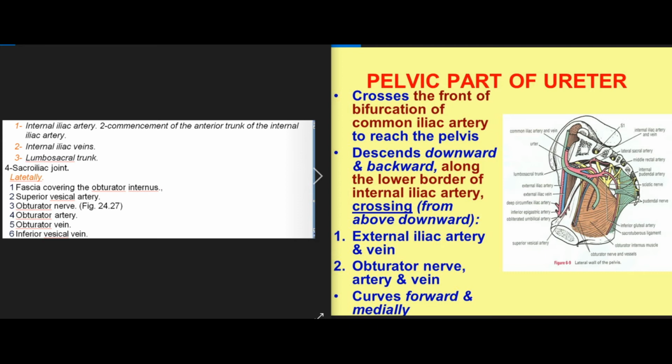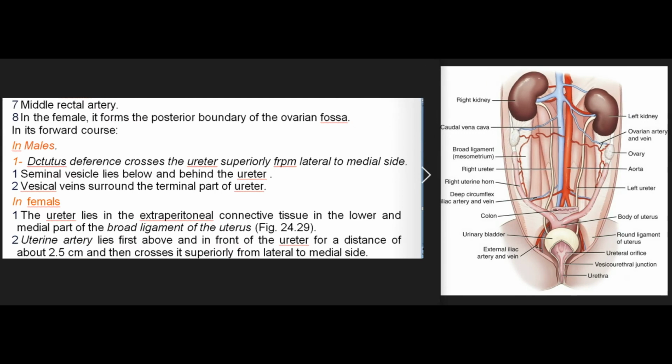Fascia covering the obturator internus, 2. Superior vesical artery, 3. Obturator nerve, Fig 24.27, 4. Obturator artery, 5. Obturator vein, 6. Inferior vesical vein, 7. Middle rectal artery. 8. In the female, it forms the posterior boundary of the ovarian fossa.